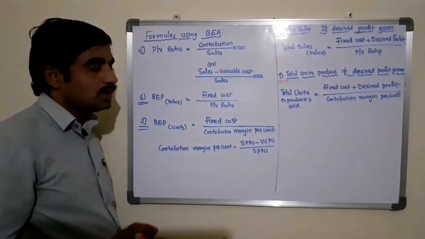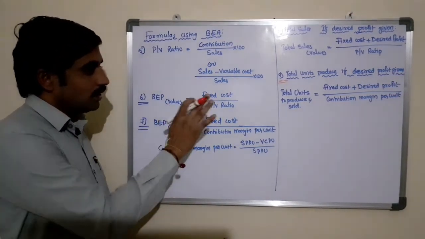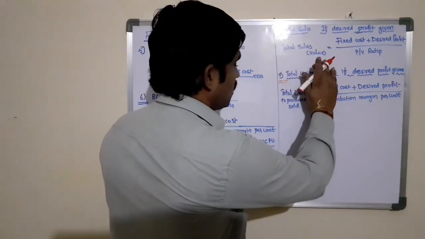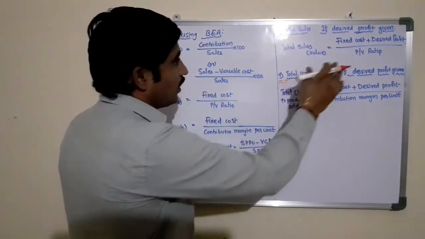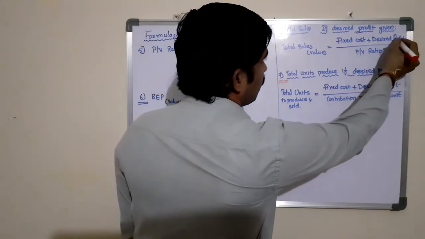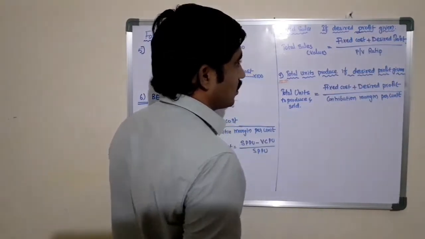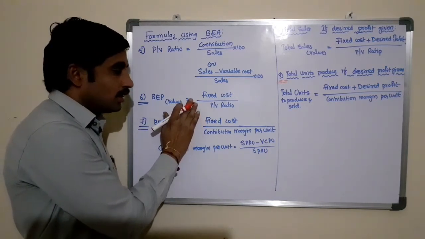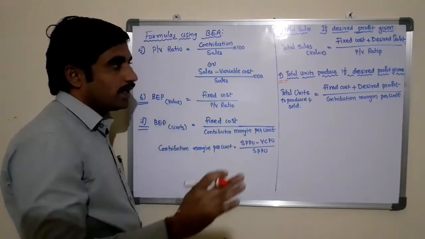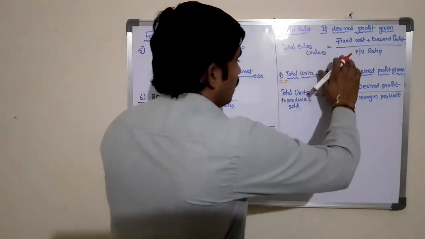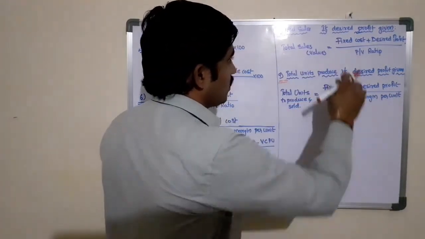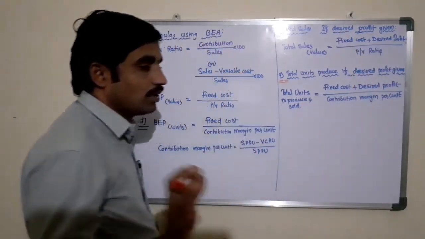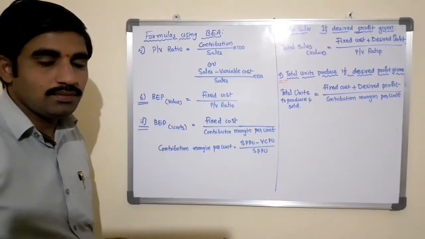So the difference between BEP value and total sales in value is we are adding the desired profit to the fixed cost. In case of break-even point, we are not adding desired profit, but in case of total sales, we are adding desired profit to the fixed cost. That is the only difference in formula.